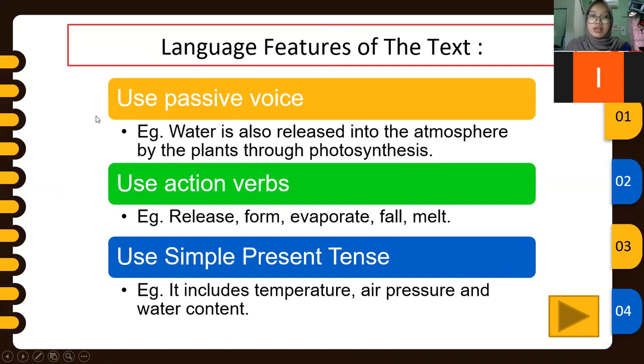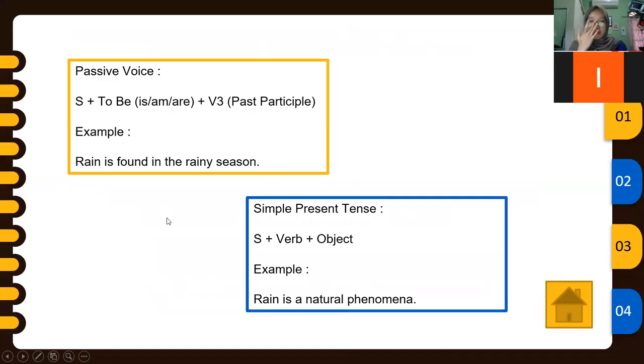Now, who knows the differences of passive voice and simple present tense? No one? Alright. Now, take a look at this.